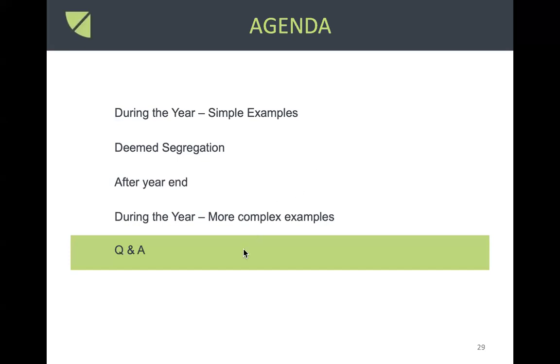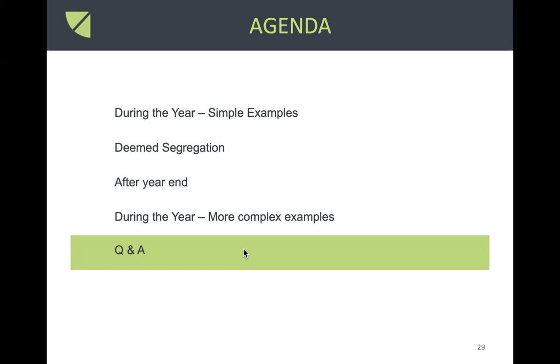Next question. If a client sold a property in the middle of the year, we would normally recommend to them to start the pension at the beginning of the year to get the CGT exempt. Good idea. If the pension starts in April, right before they sold the property, will they still get full exemption for the CGT? I think this question was asked before I presented the section called after year end.